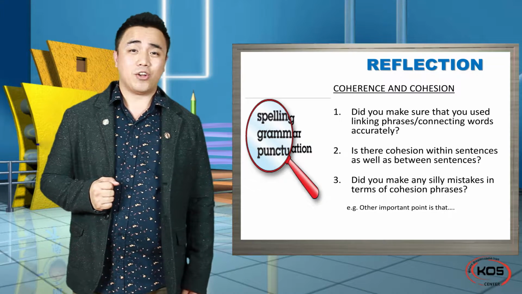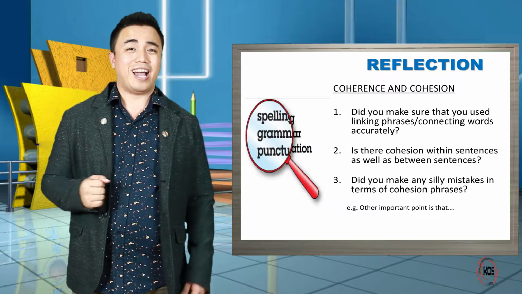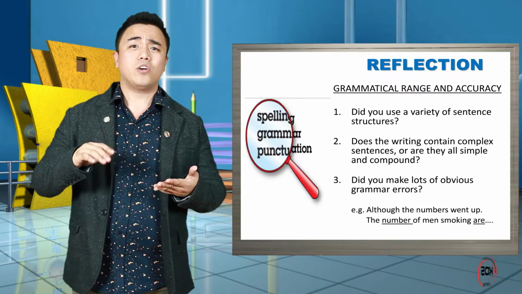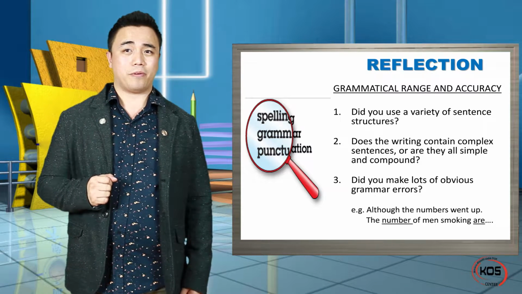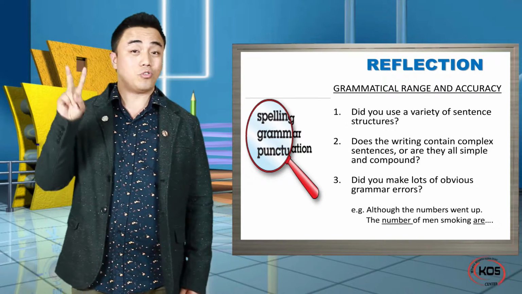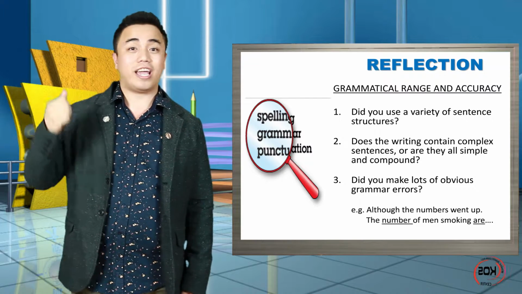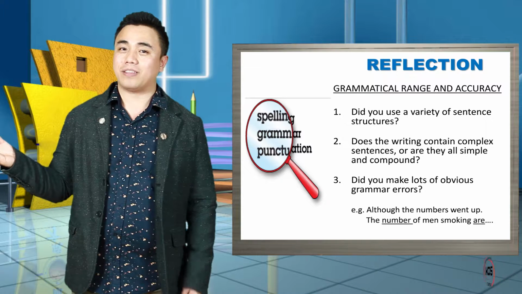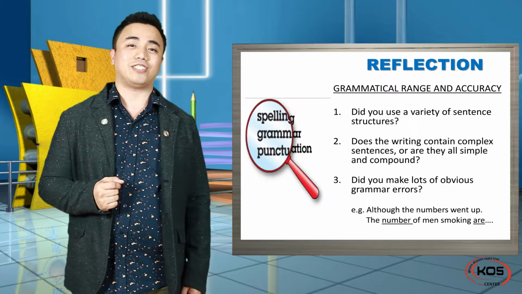Now, I know most of you are very afraid of this. I'm talking about grammar. Sometimes when we write too fast, we miss some parts in grammar. But we always go back to 2 things, grammatical range and accuracy. When we talk about range, I'm talking here about the variety of sentences that you use.